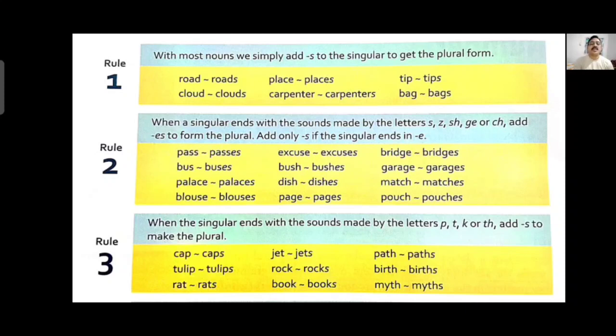Tulip ends with p, tulips. Rat ends with t, rats. Jet, jets. Rock, rocks. Book, books. Path ends with th, paths. Bath, baths. Myth, myths. Here words ending with p, t, k and th have only S in their plural form.